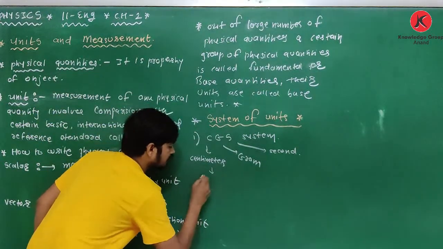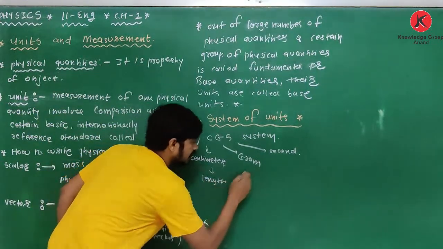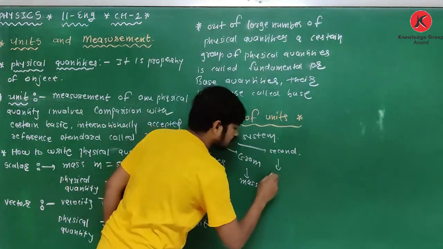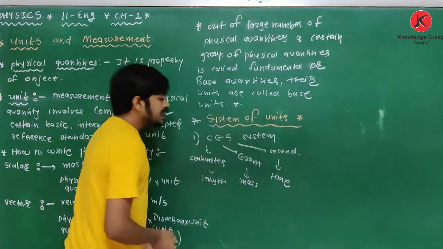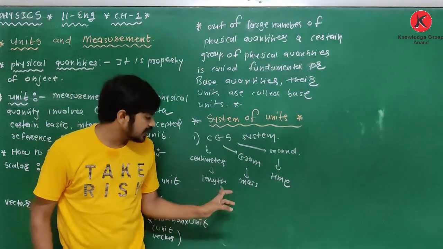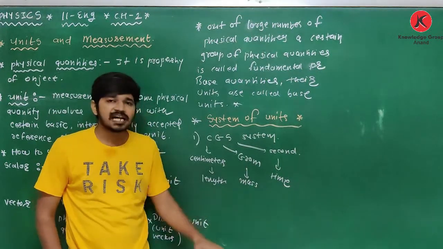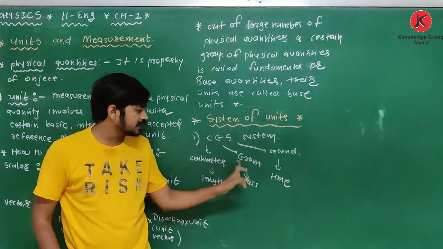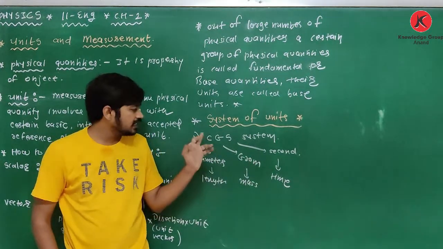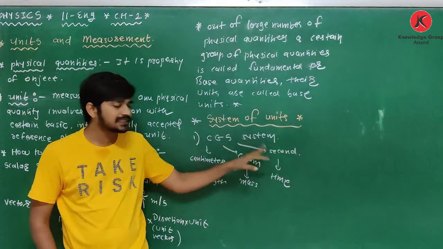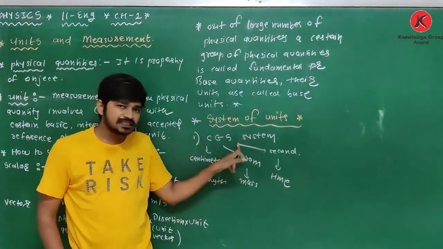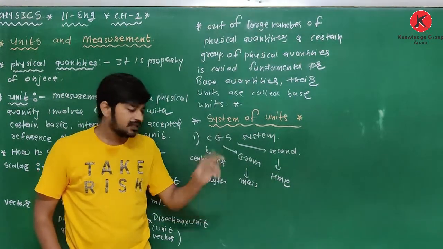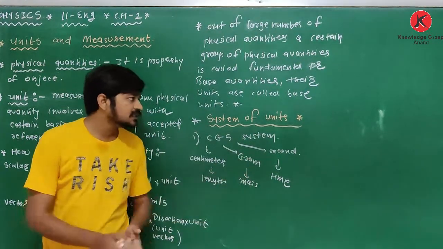Centimeter, that is the unit of length. Gram, that is the unit of mass. And second, that is the unit of time. So yes, in the CGS system, they considered length, mass and time as fundamental quantities, and their units centimeter, gram and second. That's why in short form it is called the CGS system.